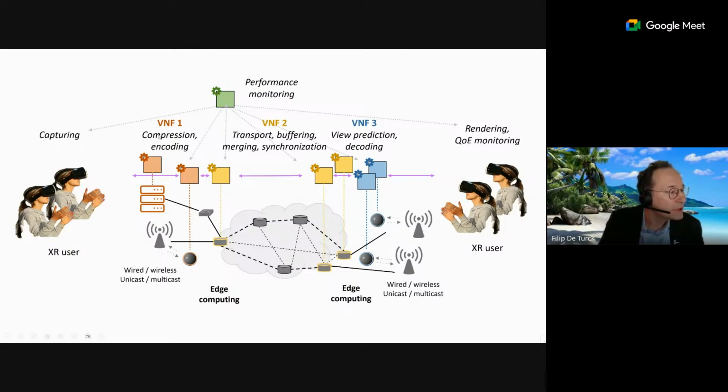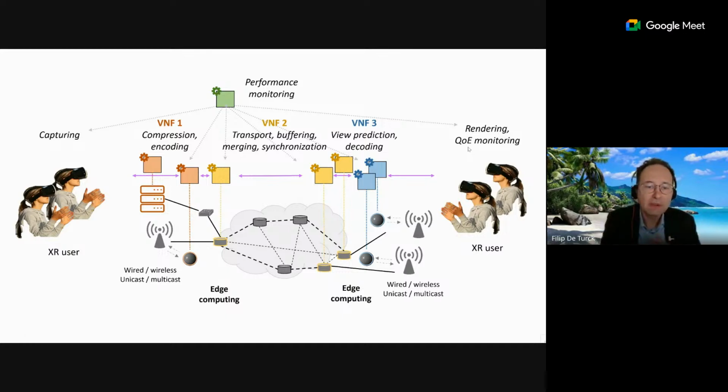So we have virtual network functions for compression and encoding of the streams. Then also virtual network functions for transport, buffering, merging, and synchronization of streams. Also for view prediction, to predict where a user will most likely view, so that we can provide the highest quality there. For decoding, and also then for rendering and monitoring of quality of experience.